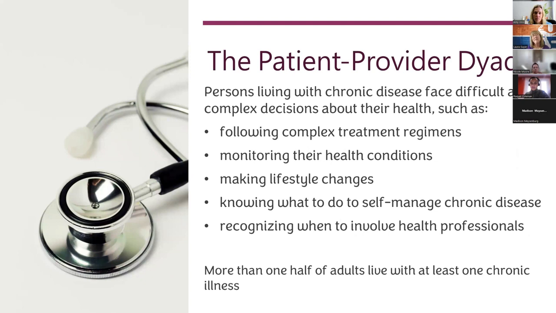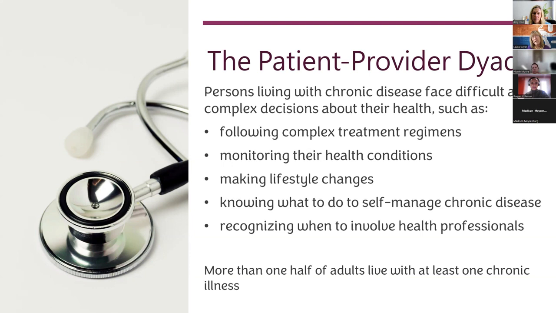So, as we think about the patient and provider, or the patient and the educator dyad, we know that people who live with chronic disease face a number of very difficult and complex decisions every single day and all throughout the day. We know that more than one half of American adults live with at least one chronic health condition. And a number of them have to live with very complex treatment regimens.